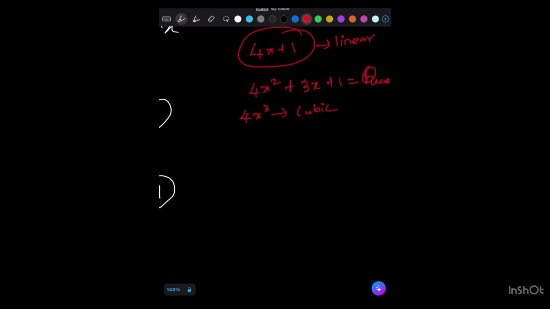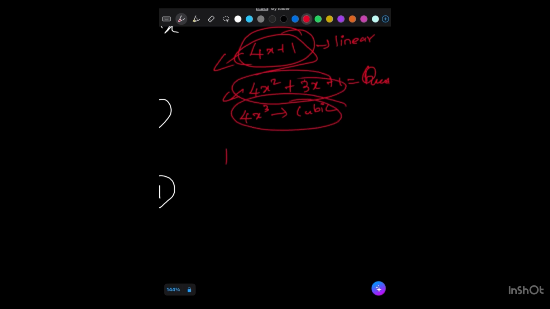In school you will have identifiers, right? Likewise, every equation needs to be identified using a particular expression, and in polynomials these equations will be expressed in terms of p of x is equal to 4x cube plus 3x squared plus x. This is how we express it.